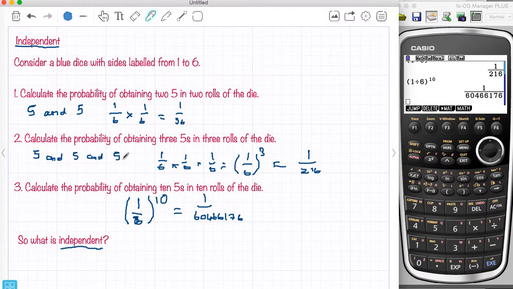So here, I've used it again. The probability of this happening is unaffected by what's happened before, and this is independence. Okay, so in a lot of these questions, you're using independence. What happened before has no effect on what will happen next.